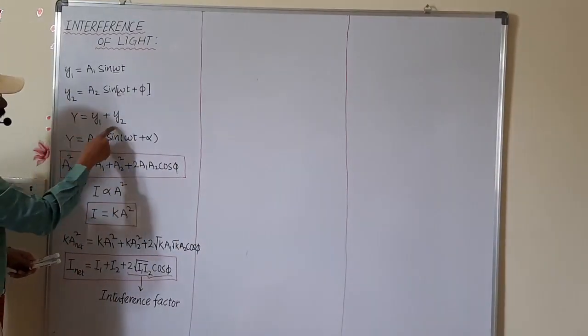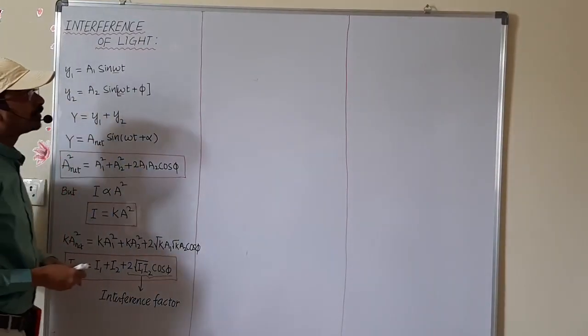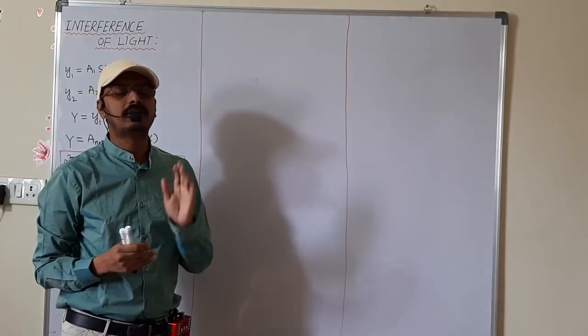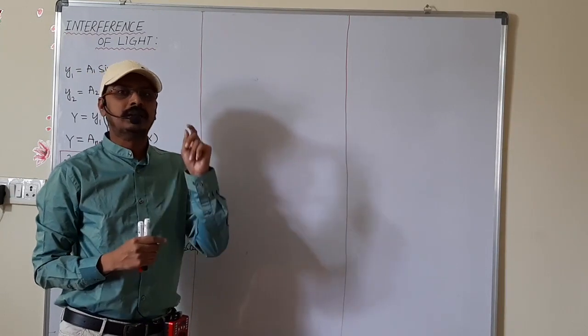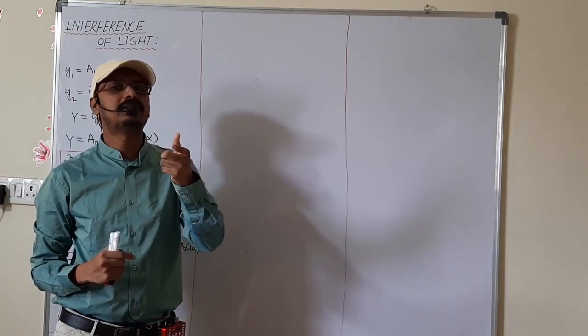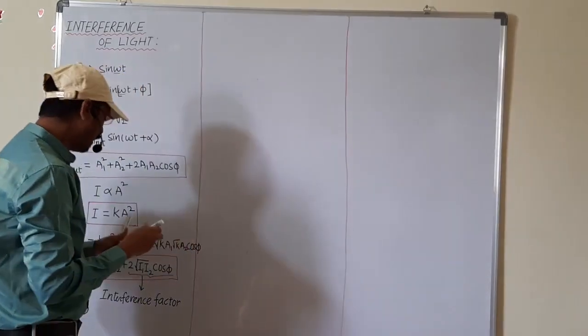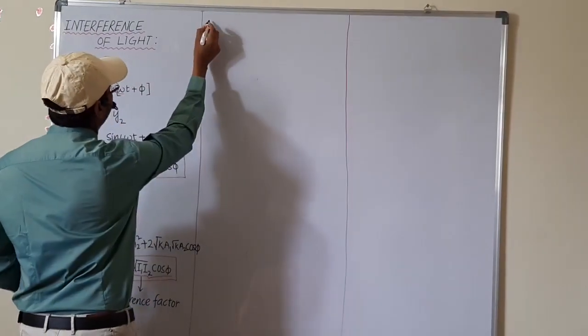Whenever these two waves are superimposed on each other and moving in the same direction, some points have the maximum intensity and some points have the minimum intensity. According to this, we can take the types of interference.